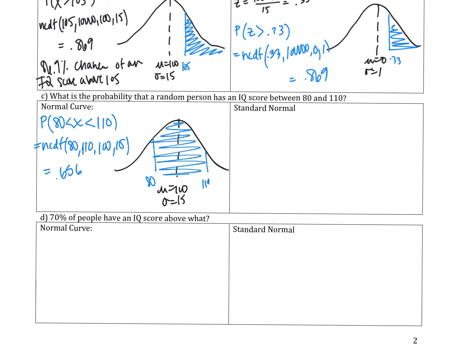All right, let's go to the standard normal curve now. Centered at 0 with standard deviation of 1. I've got to find the z-score for the 80. So 80 minus 100 over 15 is negative 1.33. And the other one is z equals 110 minus 100 over 15, which is 0.67.